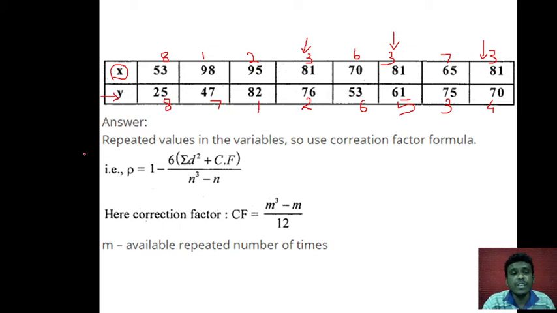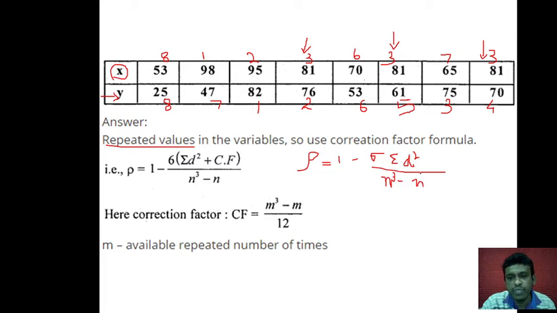We have repeated values here for the variable, so we are using a corrected formula. Generally the formula which we had used till now is rho equal to 1 minus 6 summation d square upon n cube minus n.